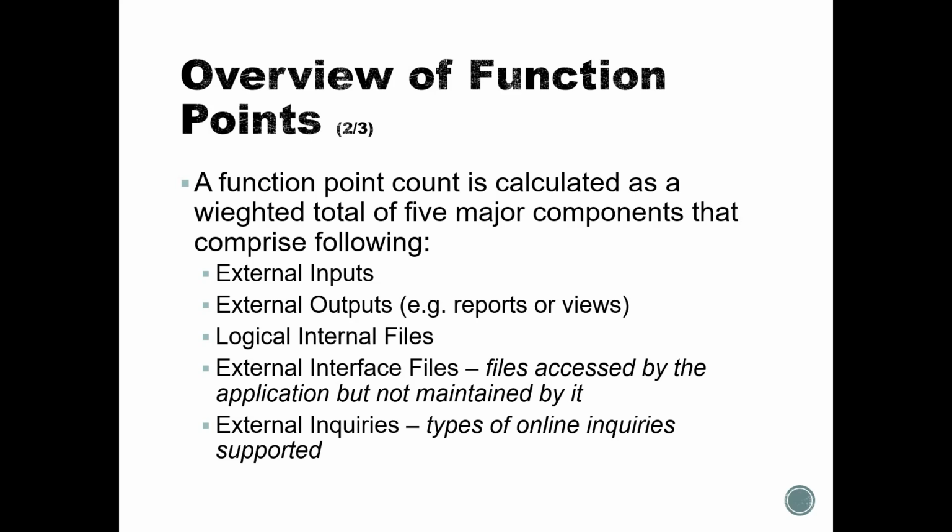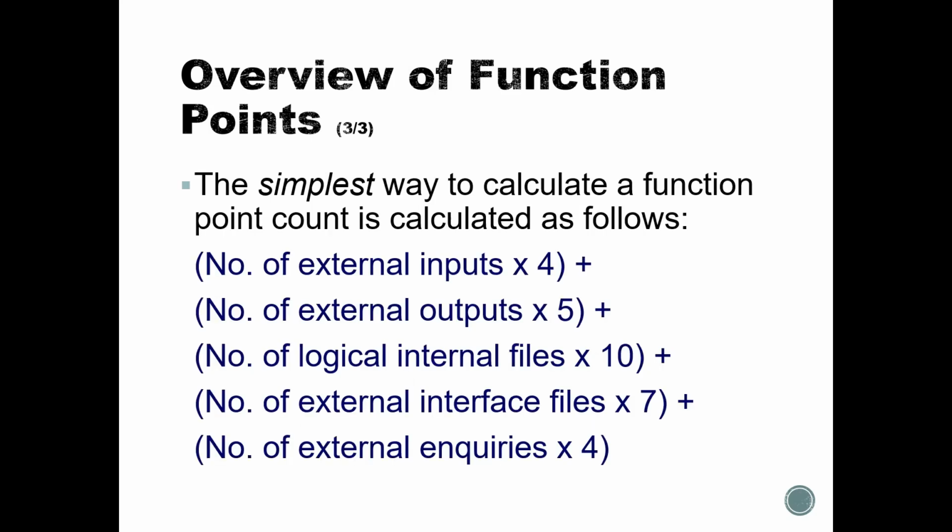So the major components, including external inputs, external outputs, internal files, and external inquiries, for example, calling online, seeing something from online library. How many of these things happen, and how many times do they happen when we are using this product? So, something like this. It's a fairly simple way of understanding how complicated this function is.